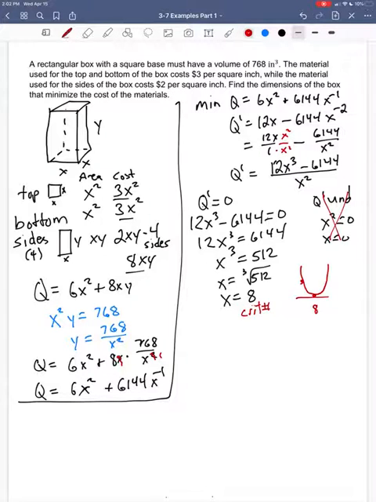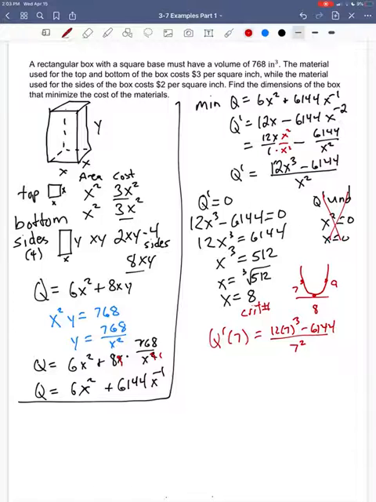What I sort of need to check is what's happening if I put in values to either side of 8 into my derivative. So I'm going to want it to be decreasing at 7 and increasing at 9. If that happens, then I'm okay here. So what's q prime of 7? Well, it would be 12 times 7 cubed minus 6144 over 7 squared.